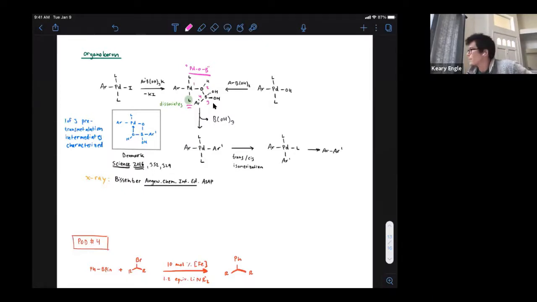And actually, even though it's really just my own slowness in getting through my notes, we're fortunate that I didn't get to this last week, because in the days since the last lecture, there was a really interesting report from the Denmark and colleagues, where they were able to characterize a model complex by X-ray crystallography for the first time that shows this similar Pd-O-B connectivity.